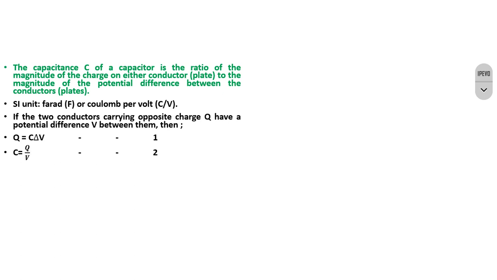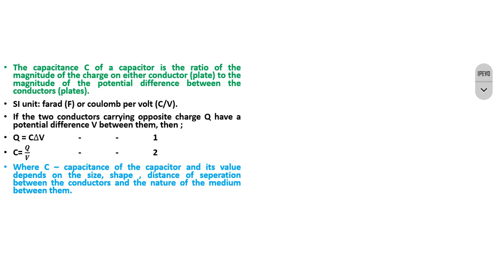If we are solving for capacitance of a capacitor, then we make C the subject from equation 1. When we do that, we have C equals Q over V, where C is the capacitance of the capacitor and its value depends on the size, the shape, distance of separation between the conductors, and the nature of the medium between them.